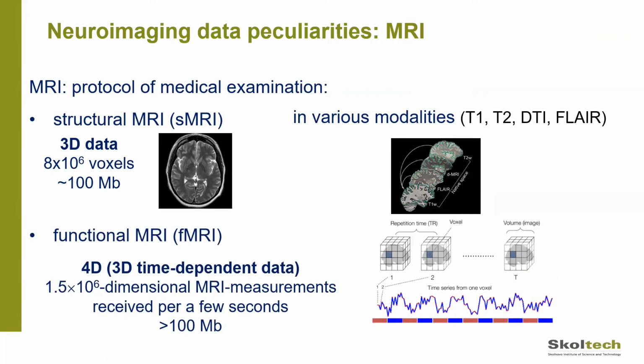Another type of neuroimaging data is functional MRI data. Functional MRI is a sequence of three-dimensional images. In the case of MRI, we measure contrasts, whether this is white matter or gray matter. And in the case of functional MRI, we measure how the blood goes into specific areas in the brain when a person performs some specific tasks.